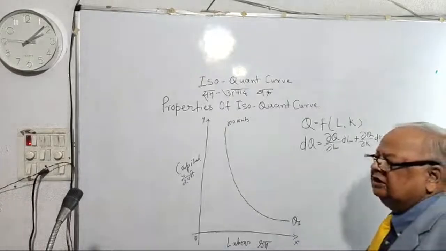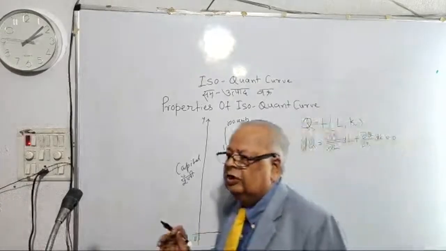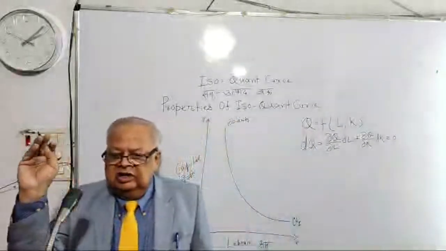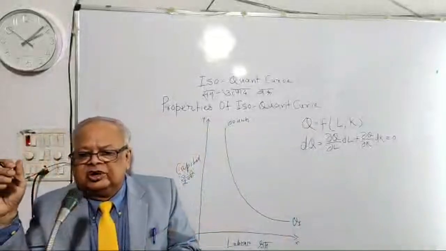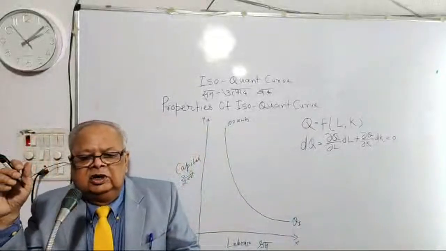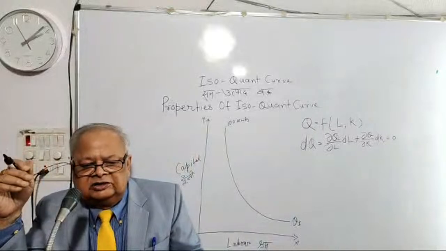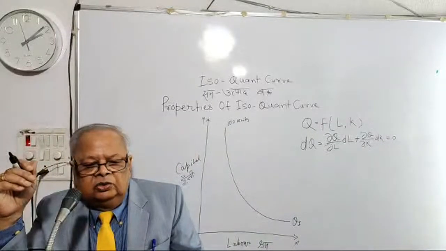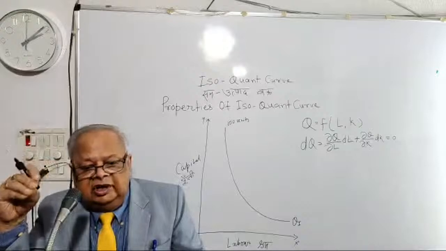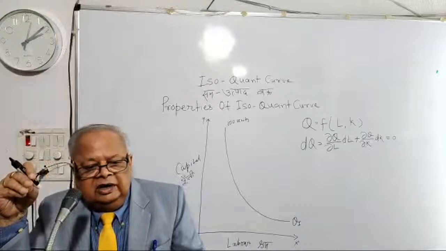This is the equation of maximization, the first condition. The first condition of maximization of production through isoquant is reflected in mathematics: dQ equals del Q by del L into dL plus del Q by del K into dK equals 0.